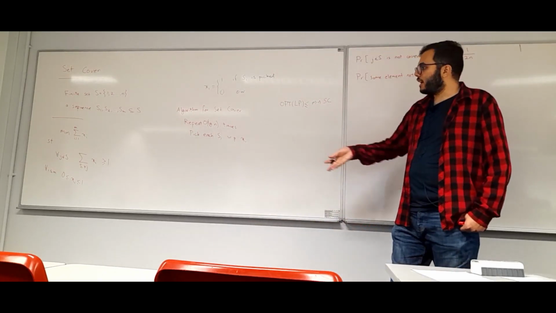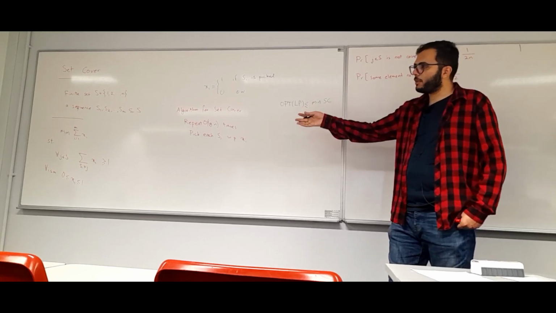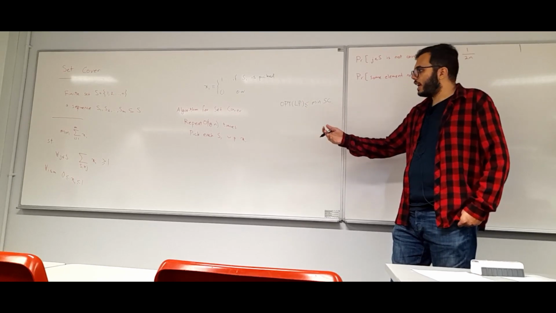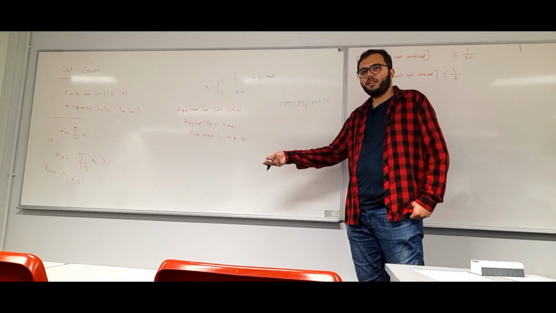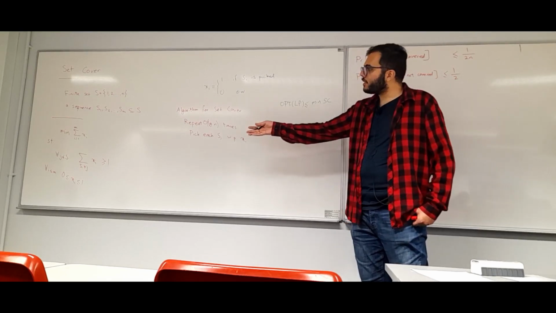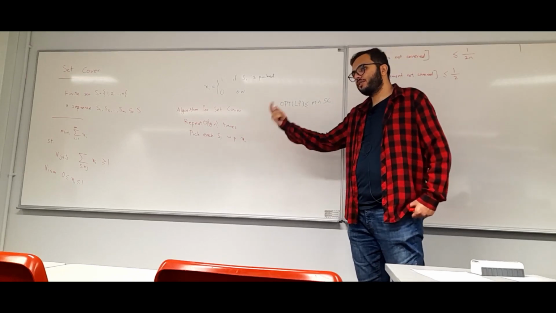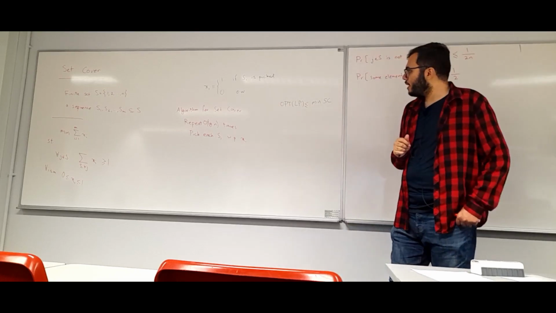Right? Because the ILP was modeling the minimum set cover, and when I went from ILP to LP, I relaxed a lot of constraints. So again, I have more solutions in my LP than I had in my ILP. So the minimum answer of the LP is definitely better or smaller than the minimum answer of the ILP, which was my minimum set cover.